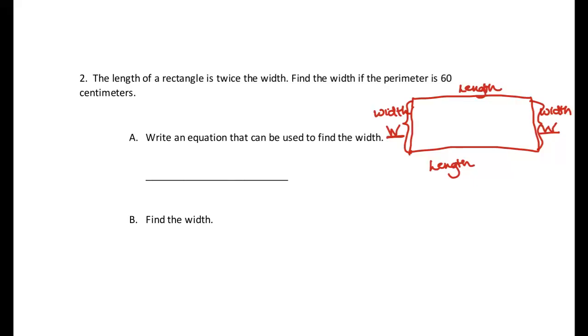So twice the width means 2 times the width, and the width we said was W. So if you put that together, that means it is 2W. So the length is 2W, and that means this side up here is 2W.